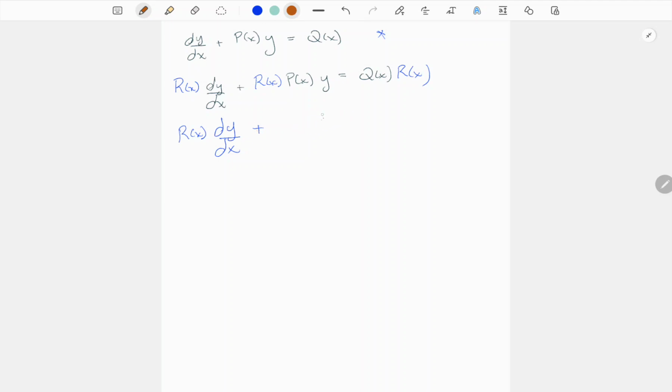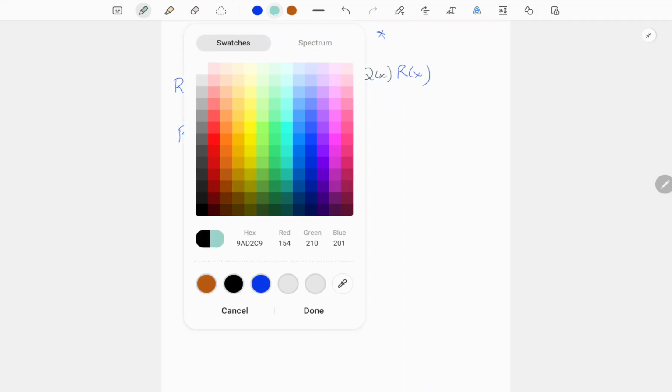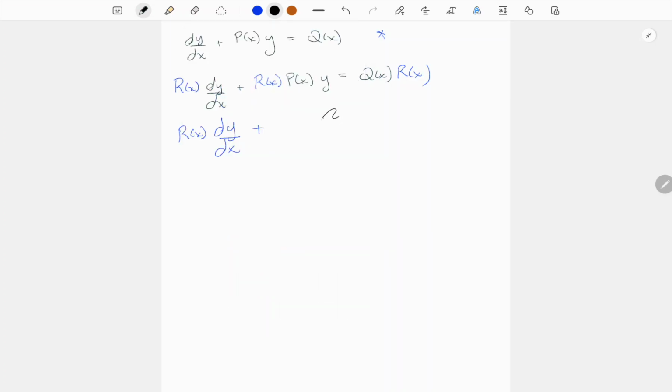So actually, let me keep my black color here. We'll make this one black because that's the same. So it's r y prime plus y r prime, or r y prime plus r prime y, if you like.